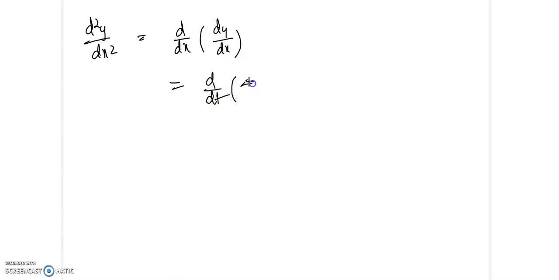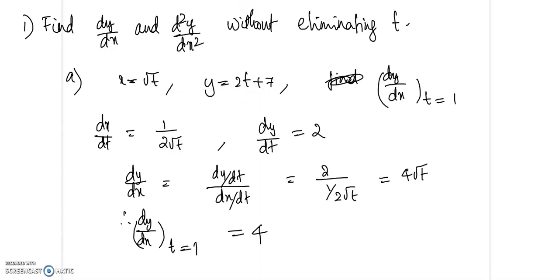Now next you need d square y by dx square, so that is d by dx of dy by dx, so that is d by dt of 4 root t into dt by dx.